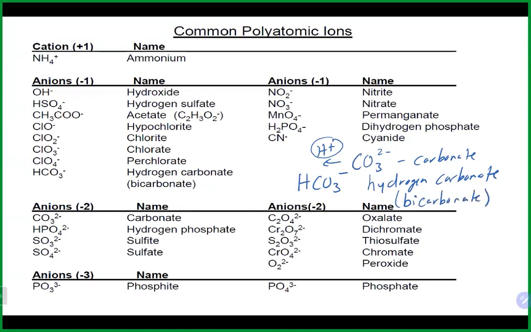This also happens with sulfate and phosphate. That's hydrogen phosphate. We have bisulfate as well. So you could have SO4 2 minus, which is sulfate. Putting that H plus in front of it gives you HSO4 minus, which is bisulfate or hydrogen sulfate.